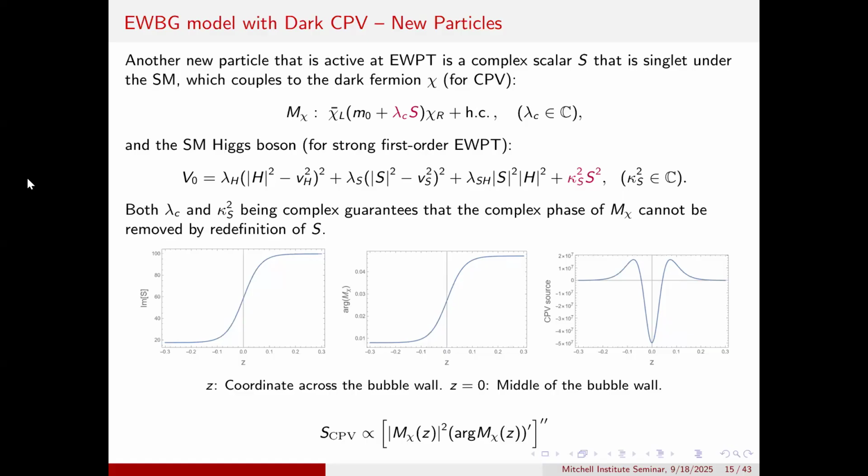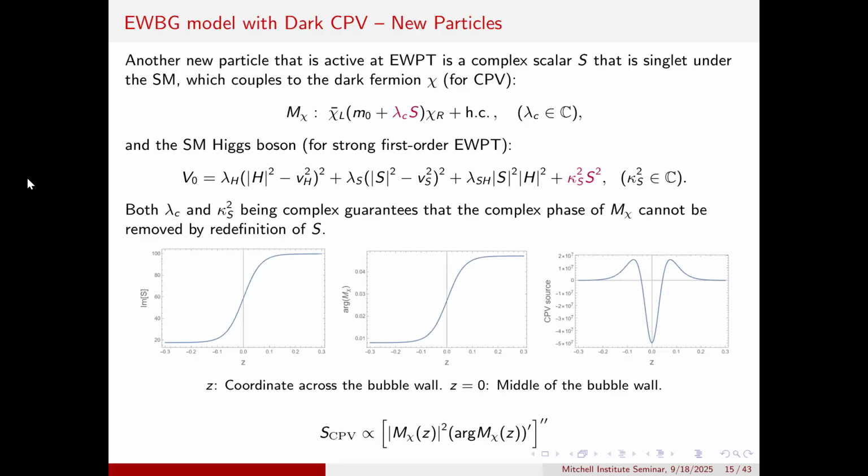So for baryogenesis calculation, we usually calculate this CP violation source, which is proportional to the mass term, and this is the phase of the mass term, its derivative and double derivative.